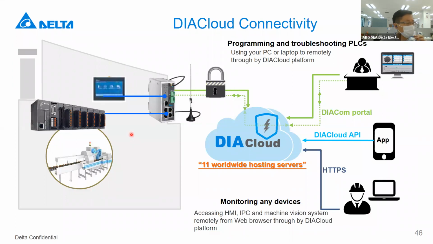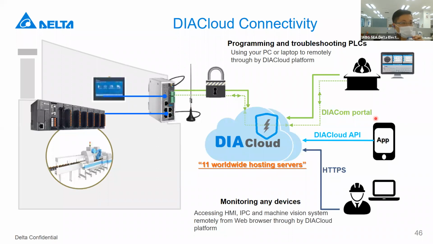Okay, here is another one for your reference. Here you can see it's a device at the machine side. This is our hardware, the cloud router. If you link to the router by RS-485 or Ethernet, it will transfer the data two ways, Ethernet or wireless SIM card, and then transfer the data to the cloud.